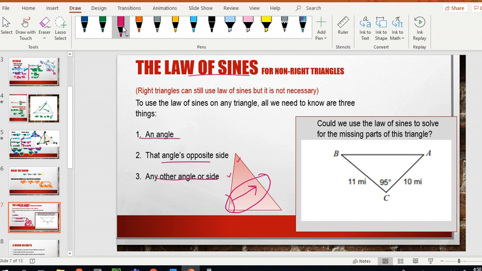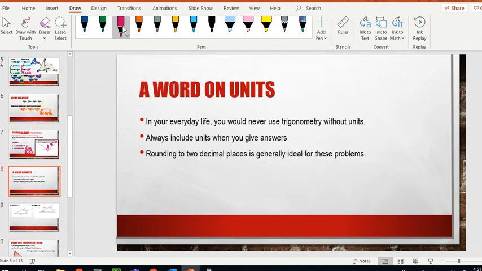It can be anything in here that you are given, and you can solve the whole triangle. So can we use the law of sines on this one? Here's an angle. Do I have its opposite side? No. So this cannot be solved. Done.